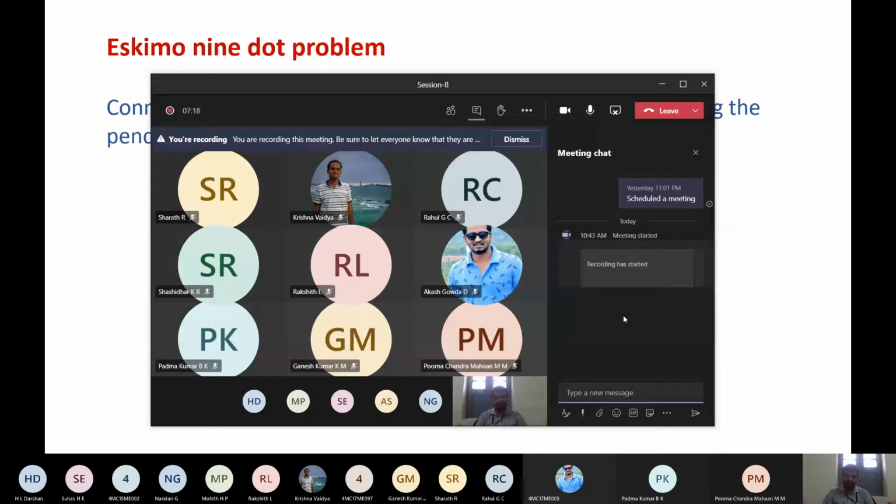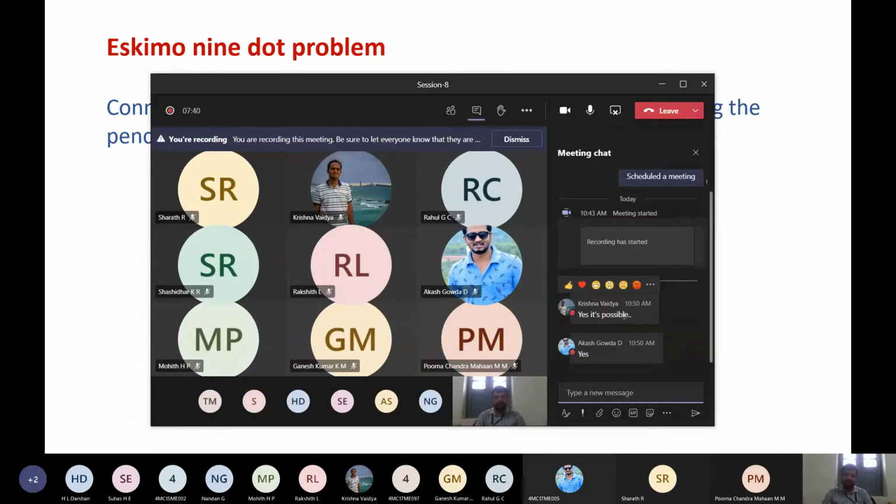You can start typing your answer, yes or no. Yes, it's possible. What about others? So everyone is saying it is possible to connect the 9 dots.